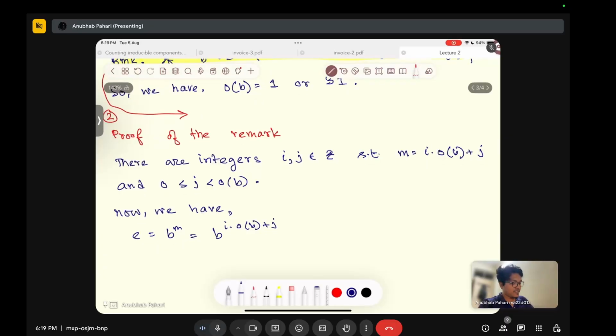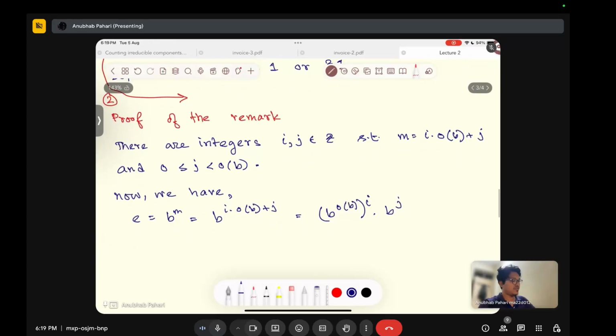So this means that b to the power order of b to the power i into b to the power j. So this means that e to the power i into b to the power j, that is b to the power j.